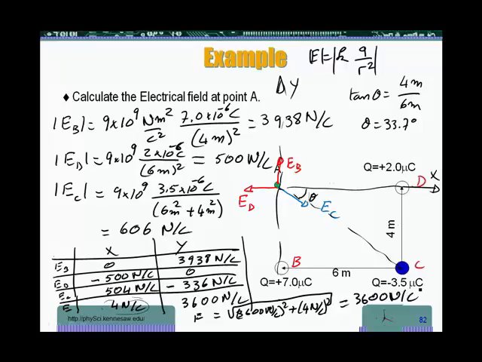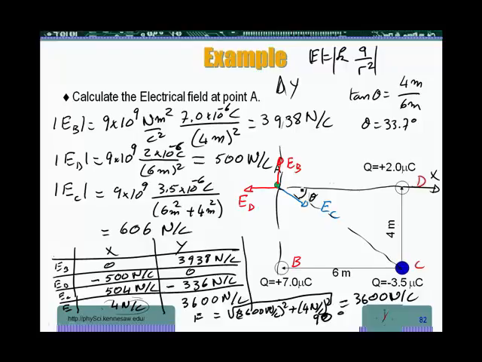And the direction is, you do inverse tangent of 3600 divided by 4, the y over the x, and you get the angle there, and it gives us a 90-degree angle, which is essentially saying the y component of EC is canceling EB, and the x component, no, it's the opposite.